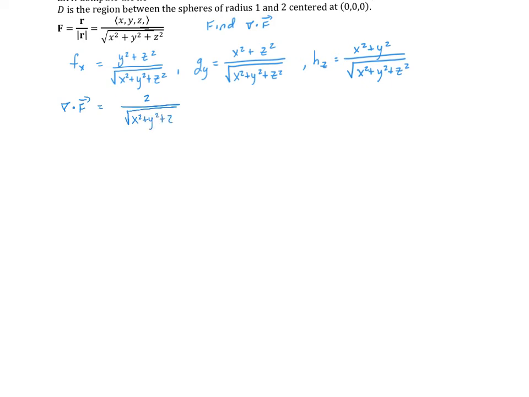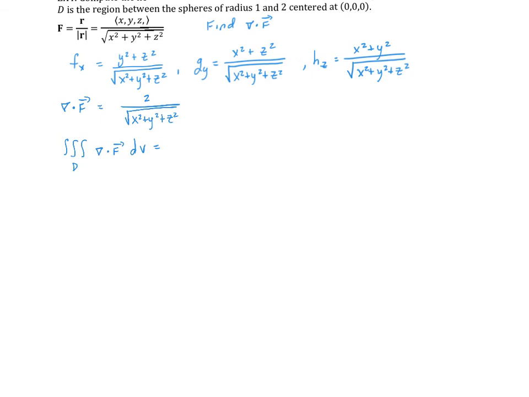So please, please use what we did in previous sections. Don't work any harder than you have to. Now I'm going to set up my triple integral over this region D. Now remember, it's just our divergence integrated with respect to volume.